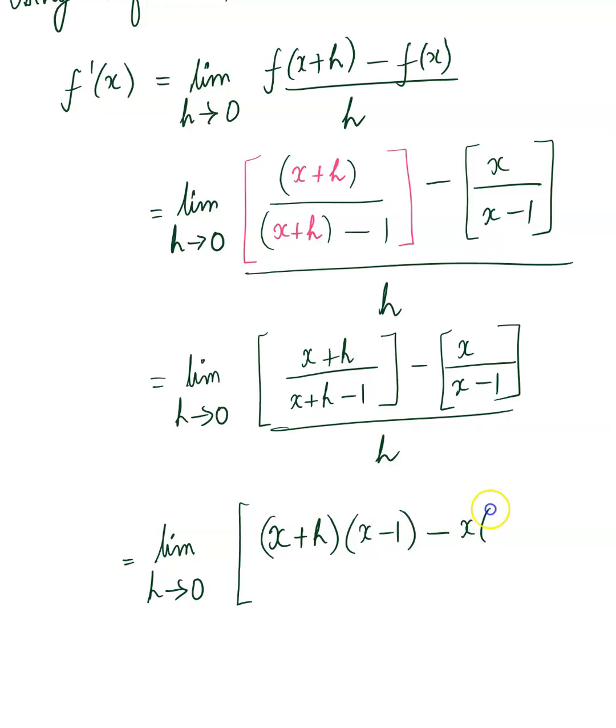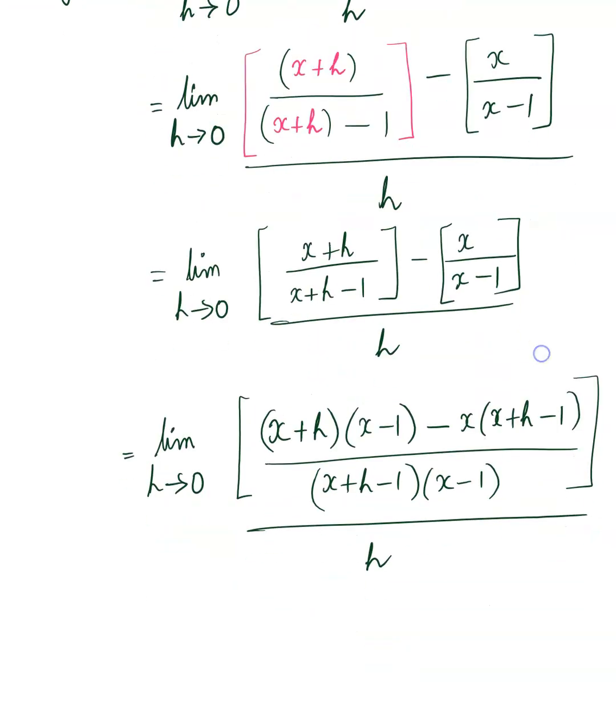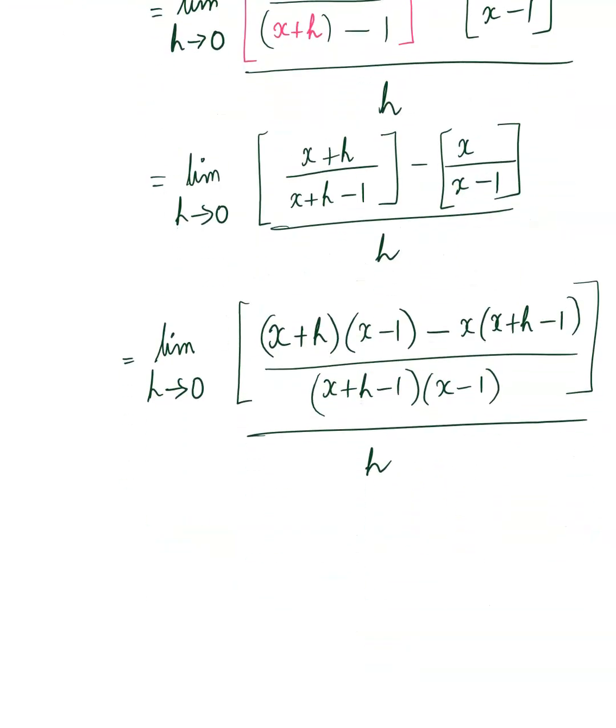Taking the LCD. So basically I'm cross multiplying, and then I'm going to FOIL now and simplify them.